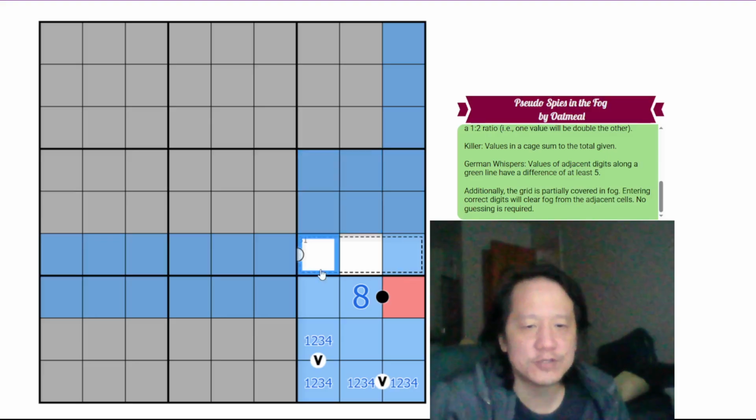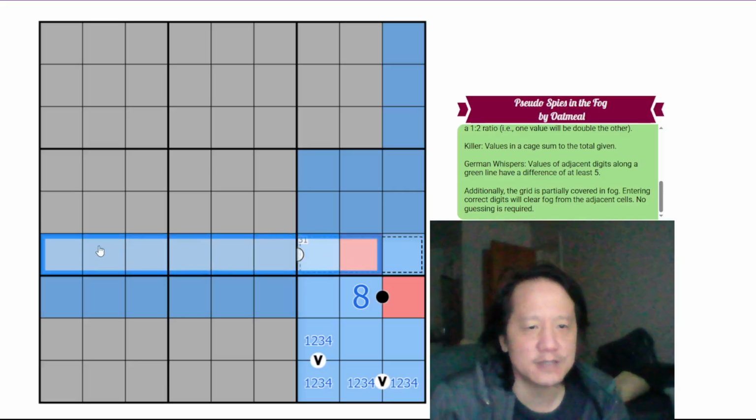Well, if a pseudo digit were here, it's not consecutive with another digit here, because this would be at minimum 6 plus 7, which is 13, and 13 is not consecutive with a digit. So this cannot be a pseudo digit, so this must be the pseudo digit here.